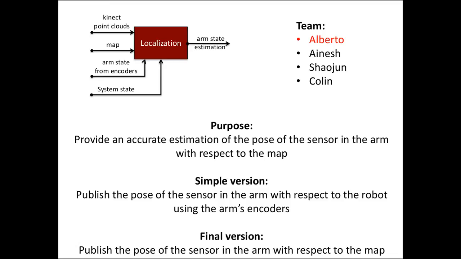So assume the robot is in a specific position, and using the angles of each part of the arm, we compute where the sensor is in the world with respect to the origin of the robot. But in the final version, the model will publish the pose of the sensor in the arm with respect to the map.